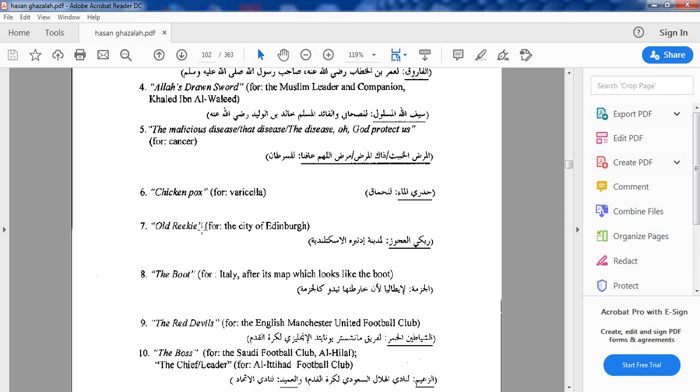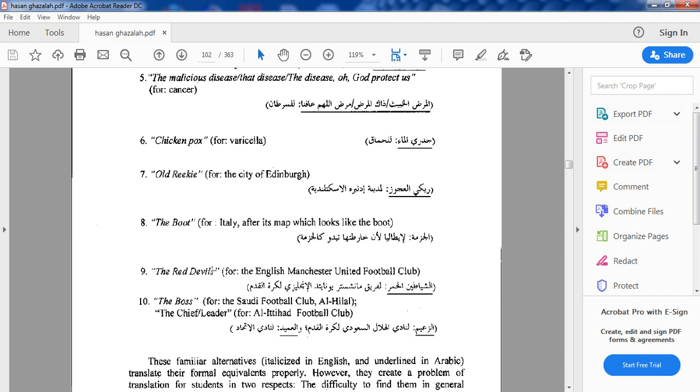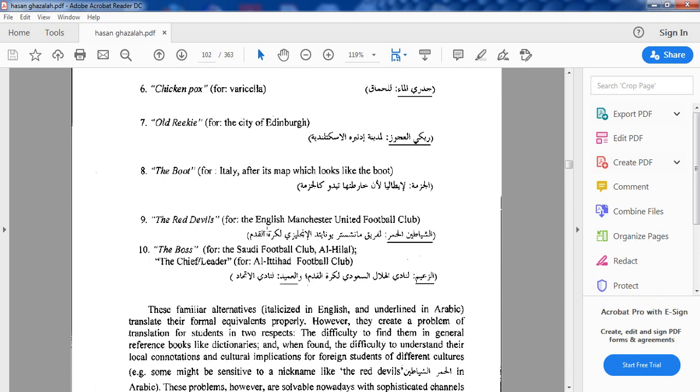You can ask, but when you check some old dictionaries, for example from ten years ago, you'll not find a reference for Old Reekie. You'll find Edinburgh City, yes, but there's no relation between Old Reekie and Edinburgh. And the same thing applies to the other examples.